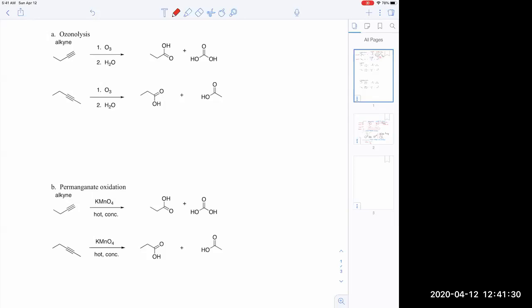So ozonolysis produces carboxylic acids and carbon dioxide for a terminal alkyne, and permanganate oxidation does the exact same thing. Ozonolysis of an internal alkyne produces 2 carboxylic acids, and that is identical for the permanganate oxidation in hot concentrated KMnO4.